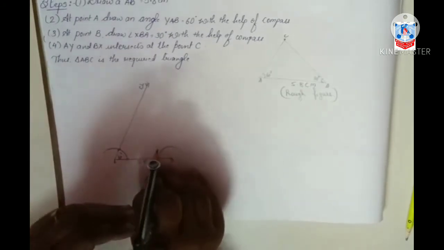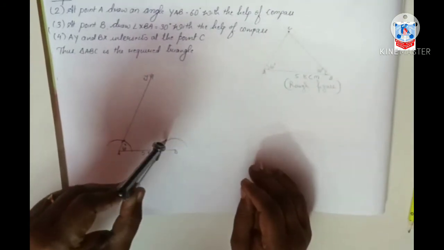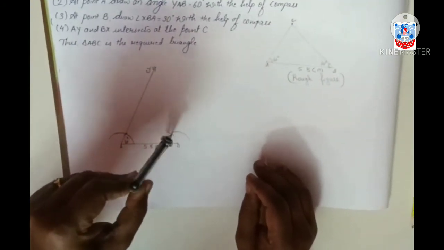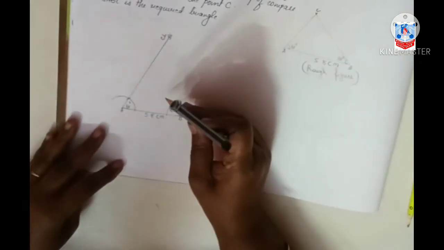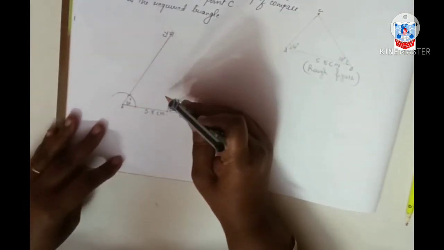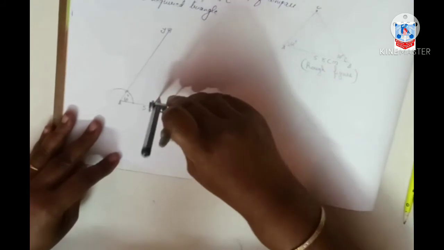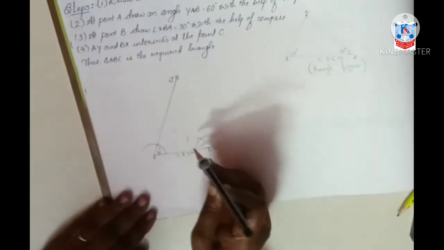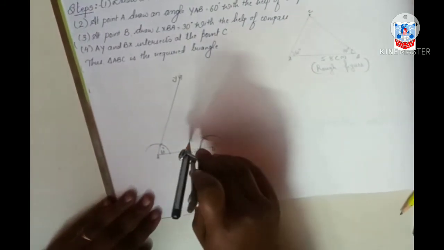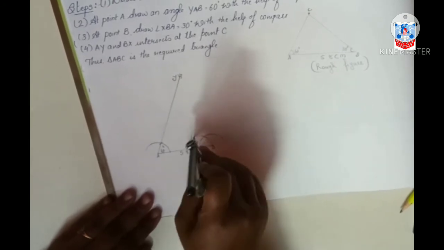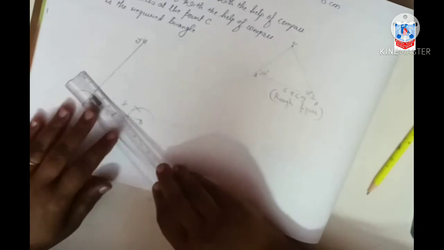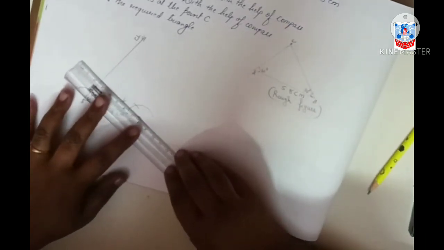Now with center here make an arc here. Okay. Now with the center here again make an arc here and with the center here cut this arc, previous arc here. Now you can join this.